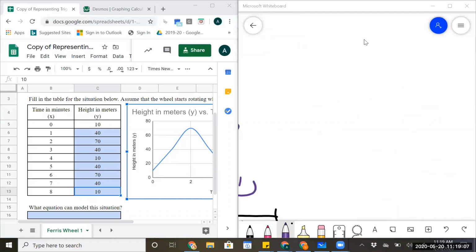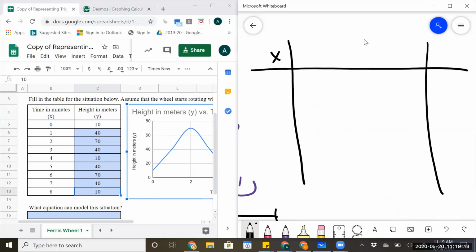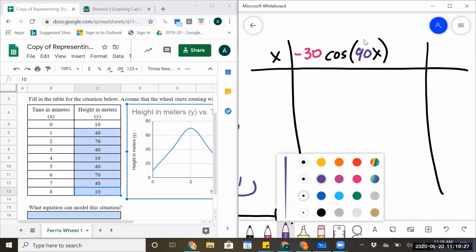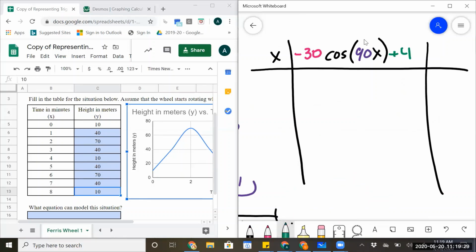All right, so we've got x values, and our current function is -30 cosine 90x plus 40.